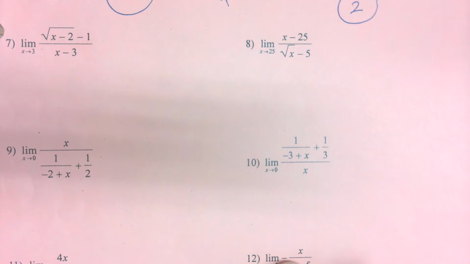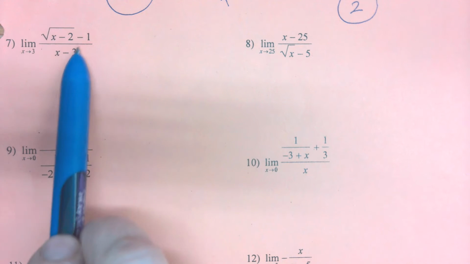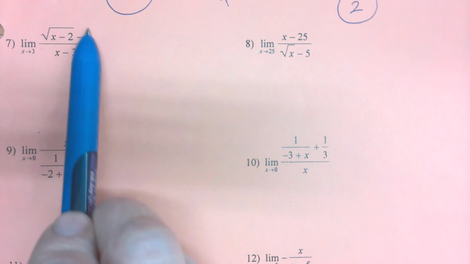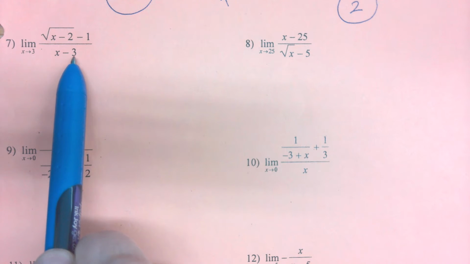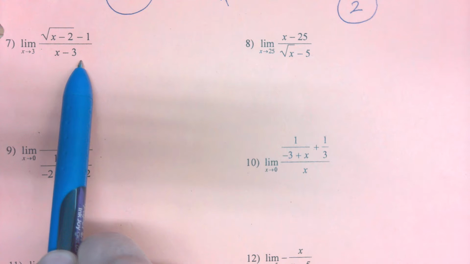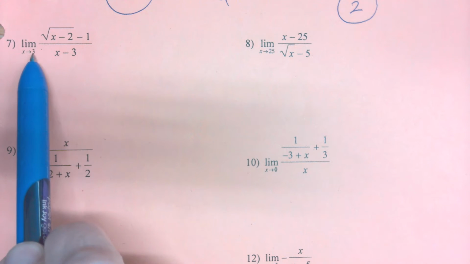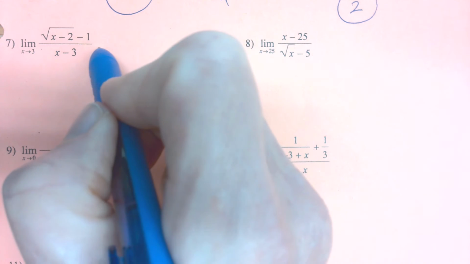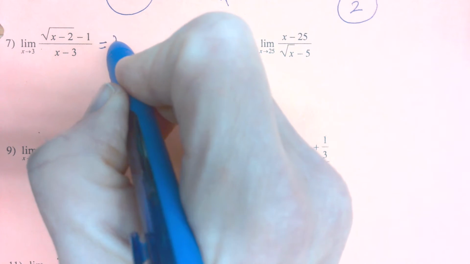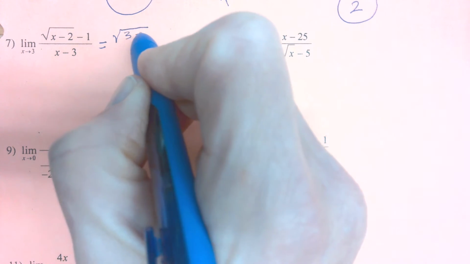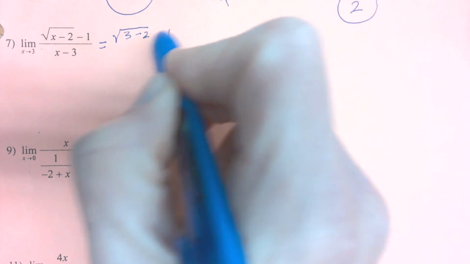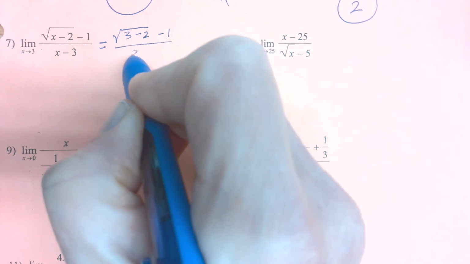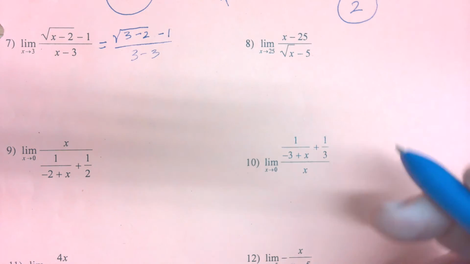But I'm going to start the same way, because just because I see a problem like this doesn't automatically mean that something bad is going to happen. So I'm still going to plug this value in here. I'm going to evaluate the square root of 3 minus 2, minus 1, over 3 minus 3.